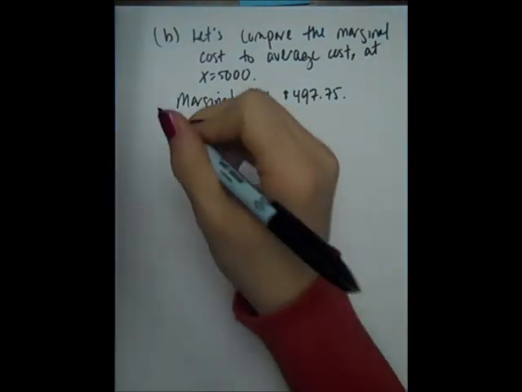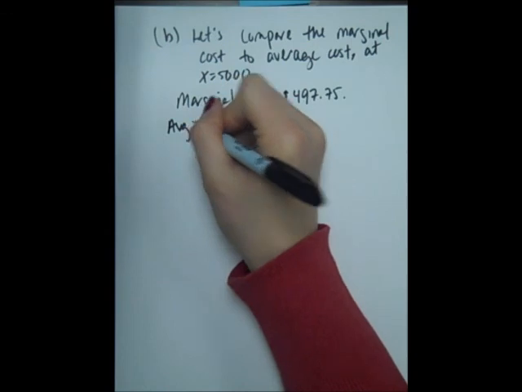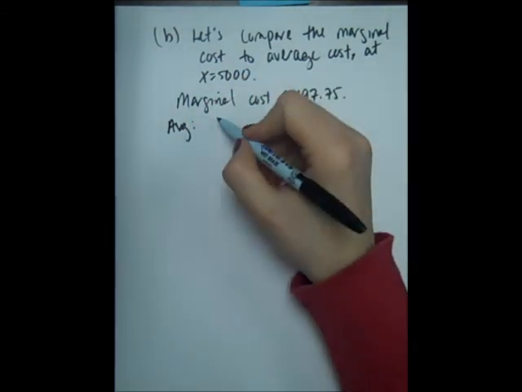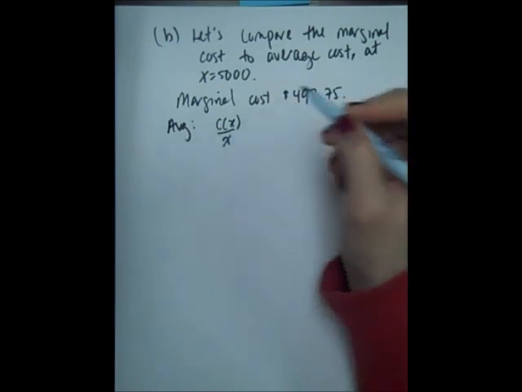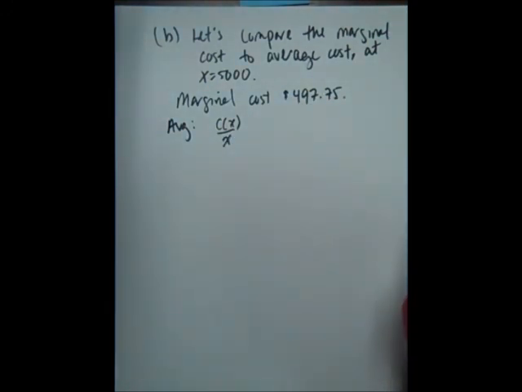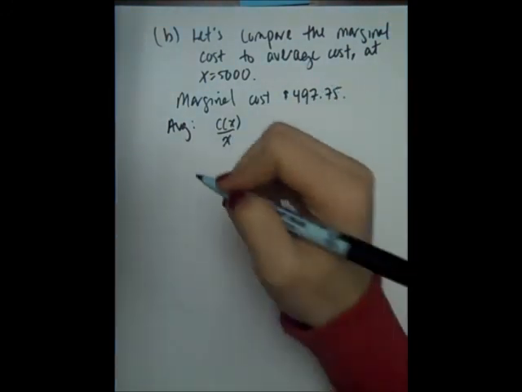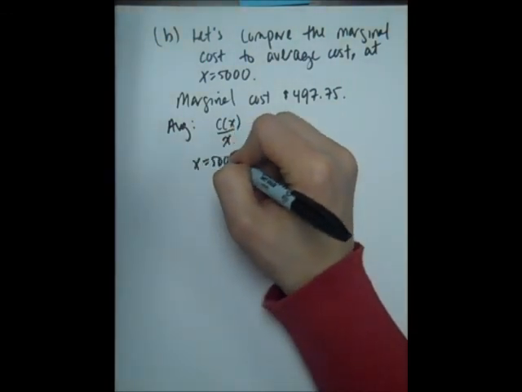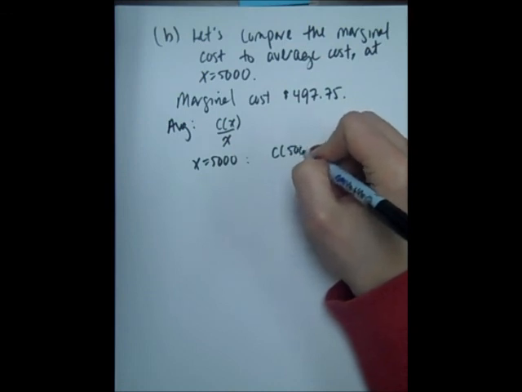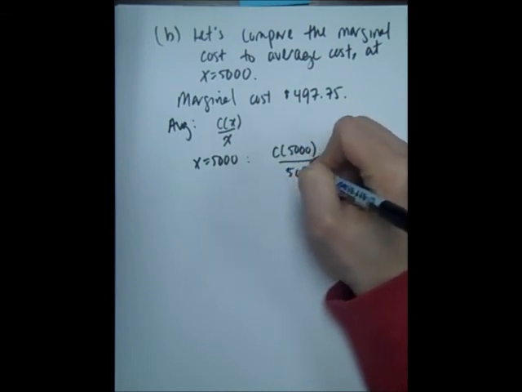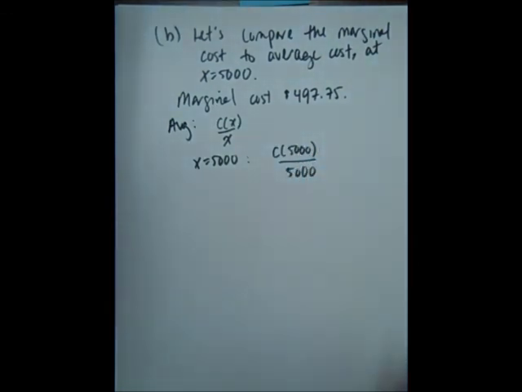Now let's talk about average cost. What is the average cost? So the average cost of anything is going to be the total cost divided by how many of those items you actually produced. So here we're looking at when x is equal to 5,000. So the average cost of producing 5,000 cameras will be C of 5,000 over 5,000.